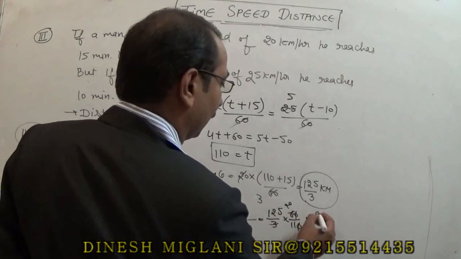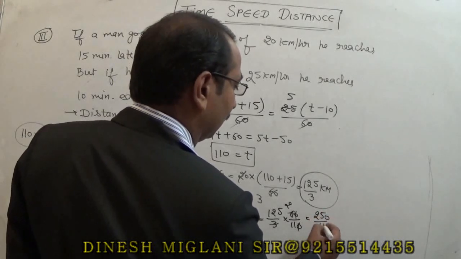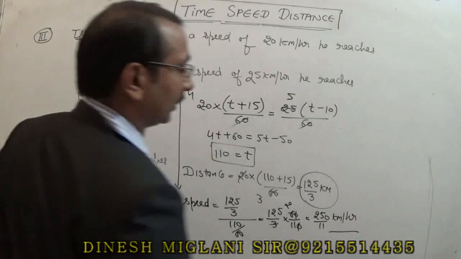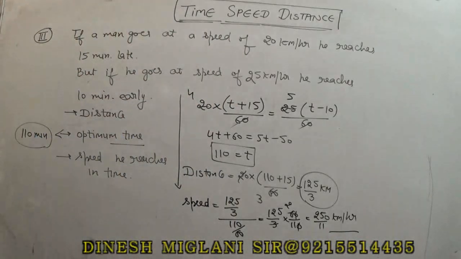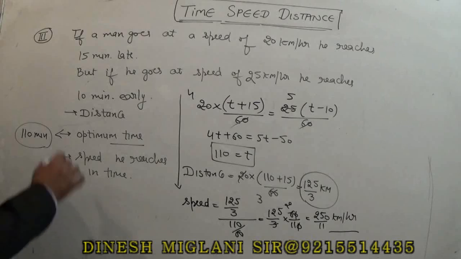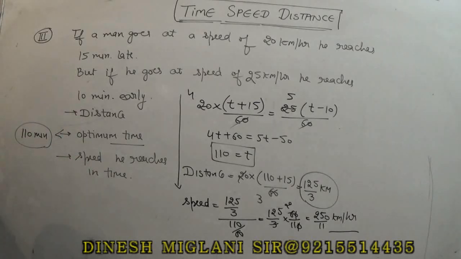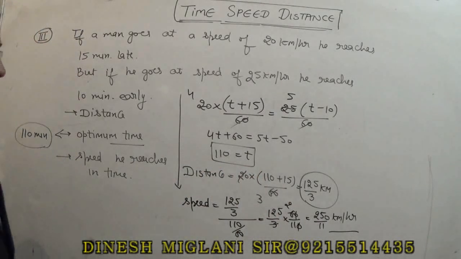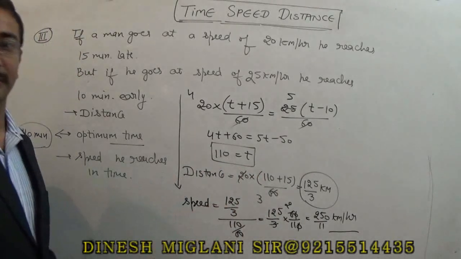We can say 250 upon 11 kilometer per hour. That is the required speed the person maintains so that he reaches in time. Pay attention here. Three types of questions may be asked over this. If he is asking the distance, first we find the time, then we can go for the distance, and if you have to find the speed, we can find it in such a way.